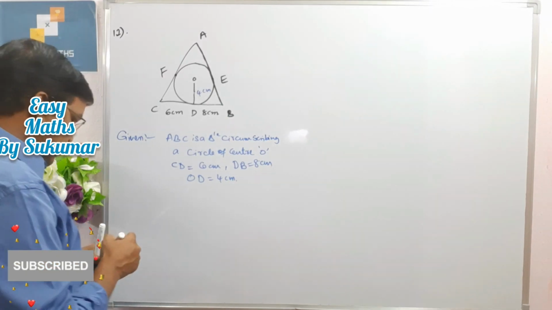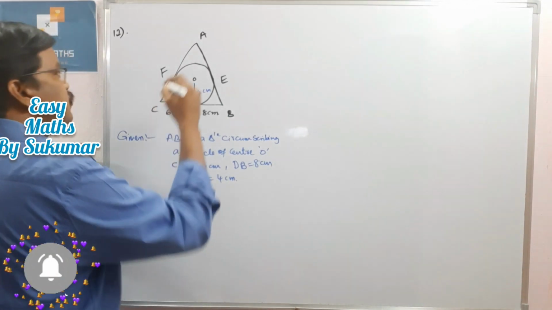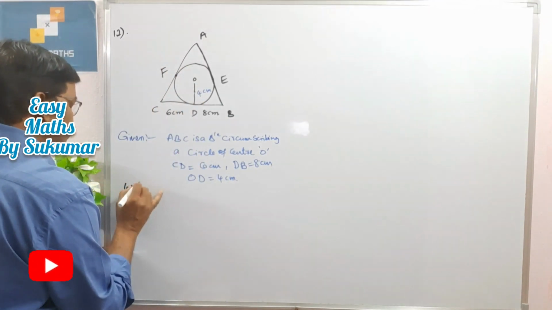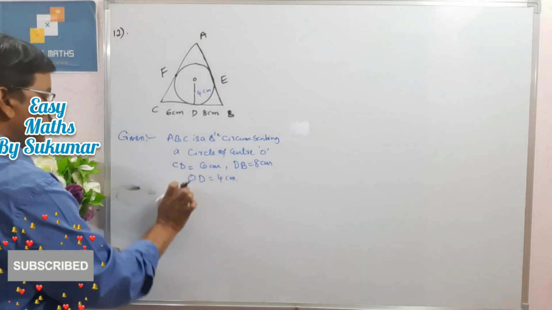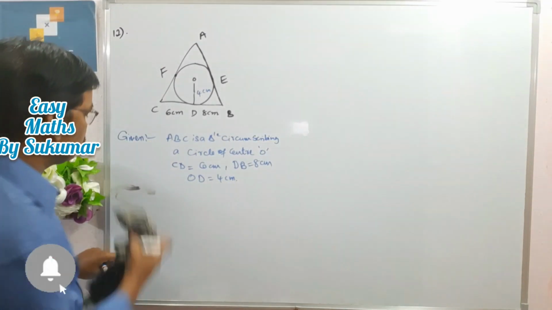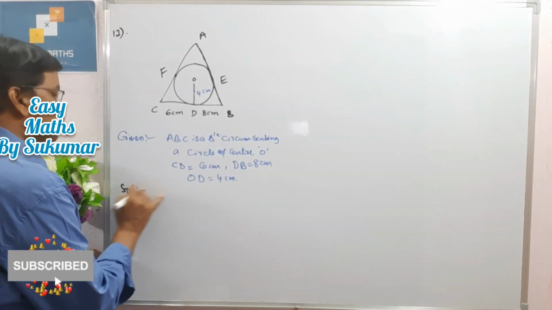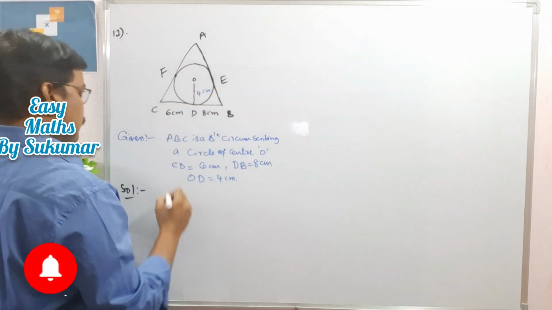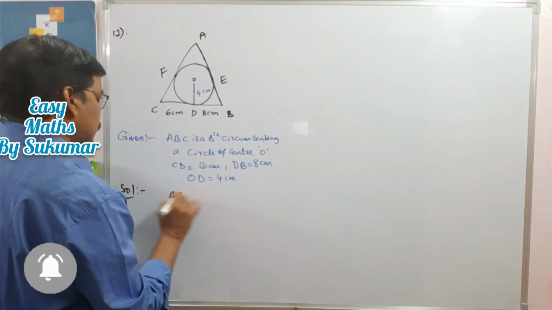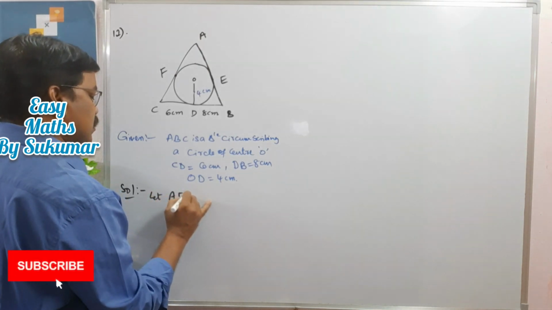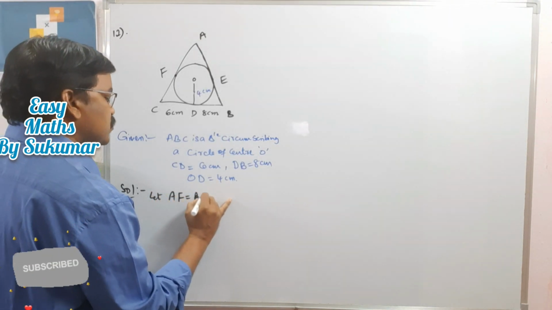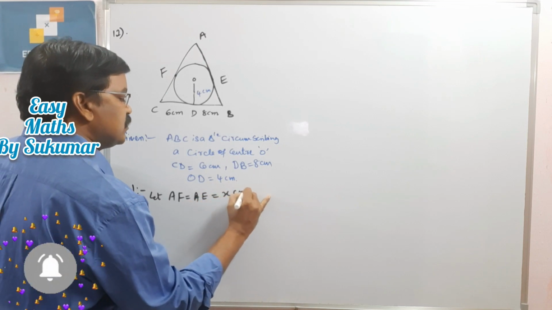Okay, my dear students, first I will start with the solution. Let AF be equal to AE, equal to x centimeters.